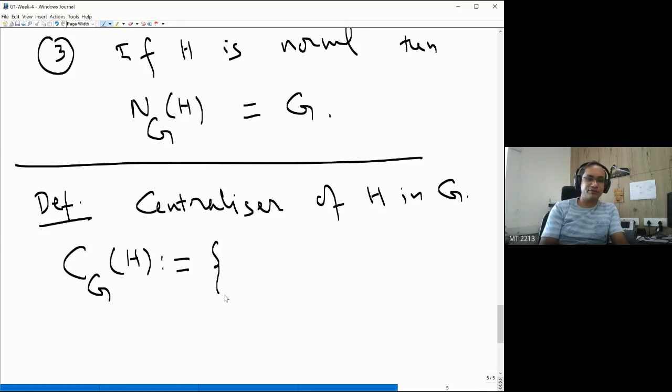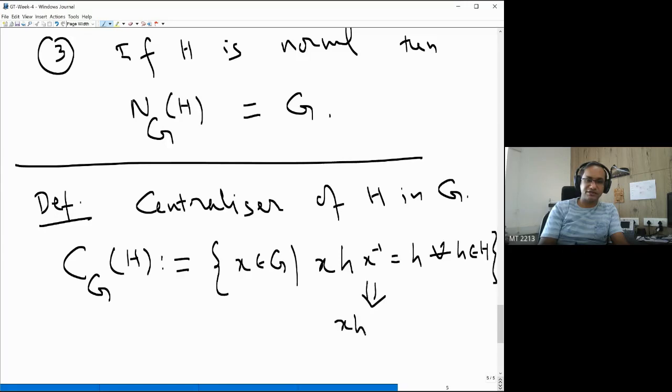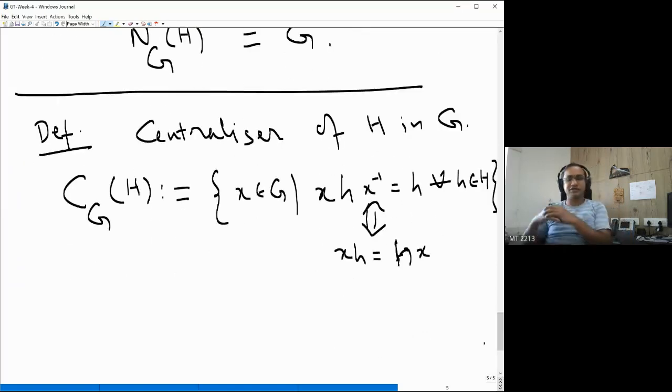This is going to be those elements X of G such that X fixes every point of H one by one: X h X inverse is h for all h in H. Notice the difference between the two definitions. So this also implies that Xh is actually hX, right? I can move the X inverse to the other side by multiplying with X. So this equation is the same as this equation: Xh is hX. And this will happen for all h in H.